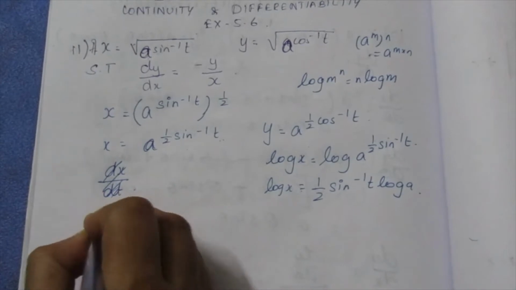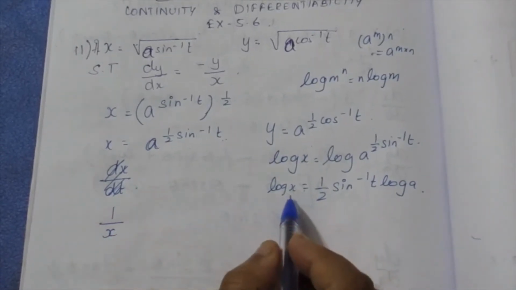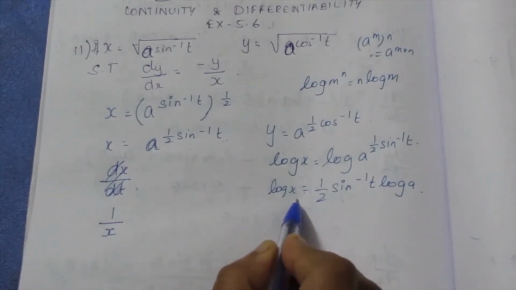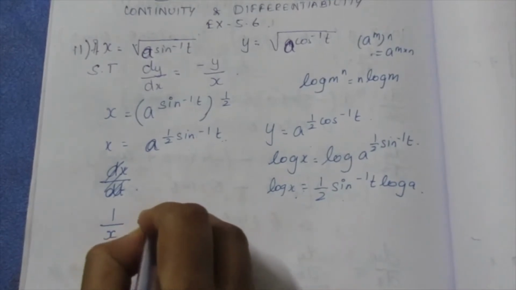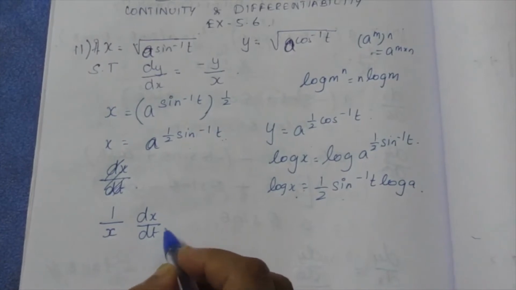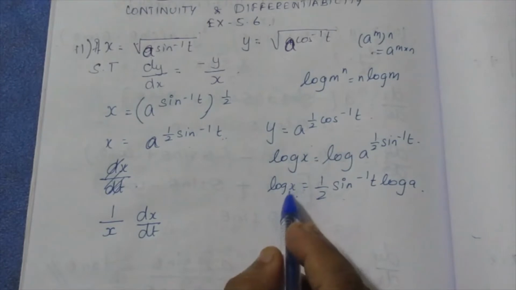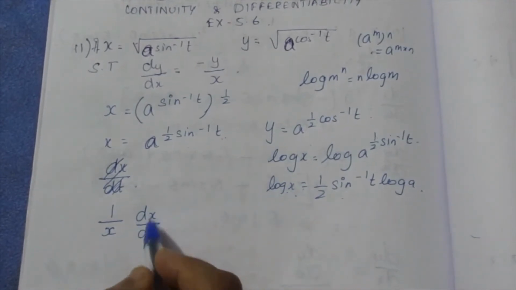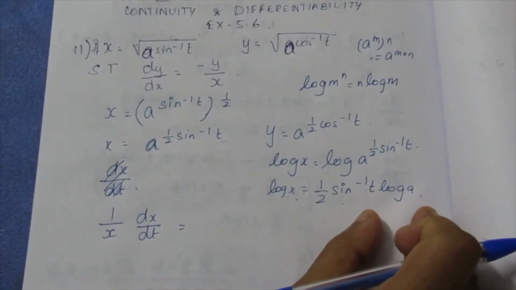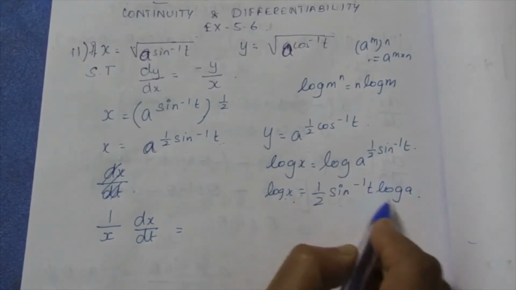Log x becomes 1 by x. As I told before, we are differentiating with respect to t, not with respect to x, means we need to write dx by dt, because we are differentiating with respect to the denominator. So here the variable is not t, it is x. So I need to write dx by dt equal to, here log a is a constant term, we are going to take it to be a coefficient.